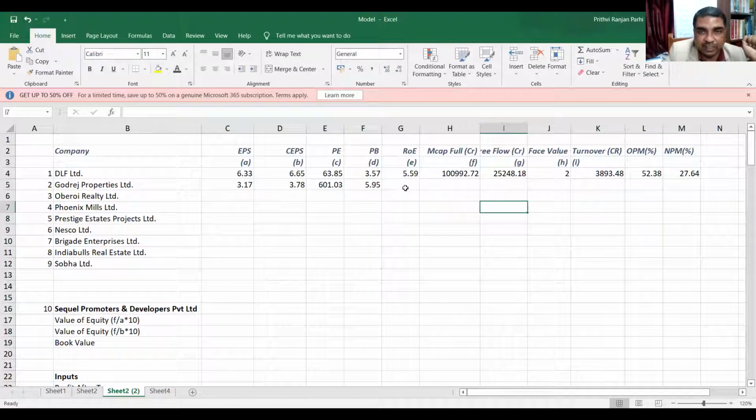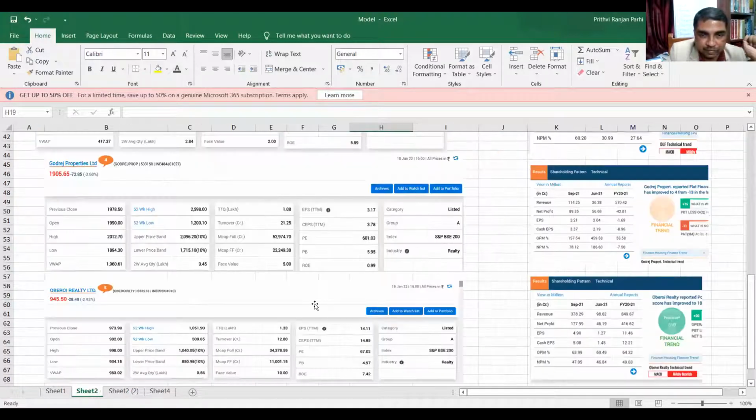Then you need return on equity. Where is this return on equity? Okay, Godrej, 0.99. We're taking return on equity as 0.99.